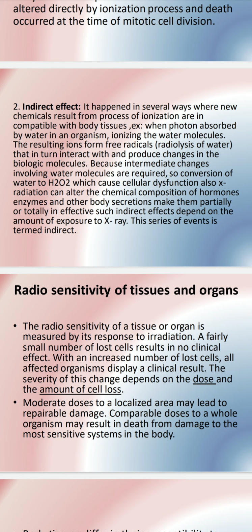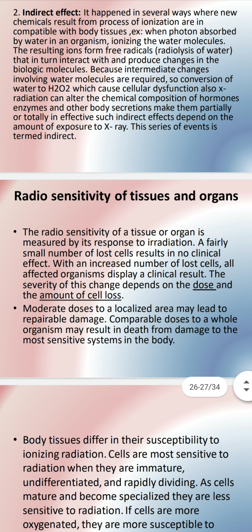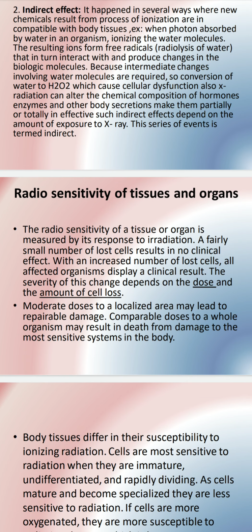The severity of this change depends on the dose and the amount of cell loss. Moderate doses to a localized area may lead to repairable damage. Comparable doses to the whole organism may result in death from damage to the most sensitive systems in the body.